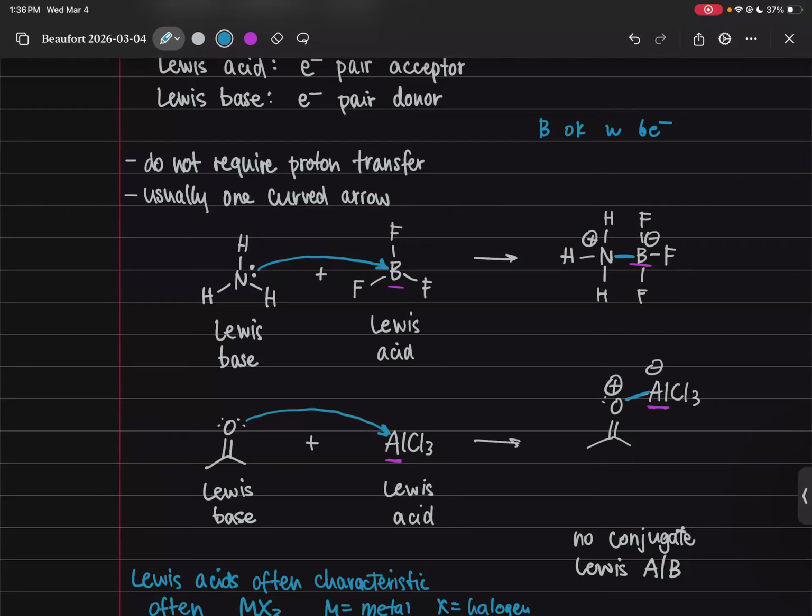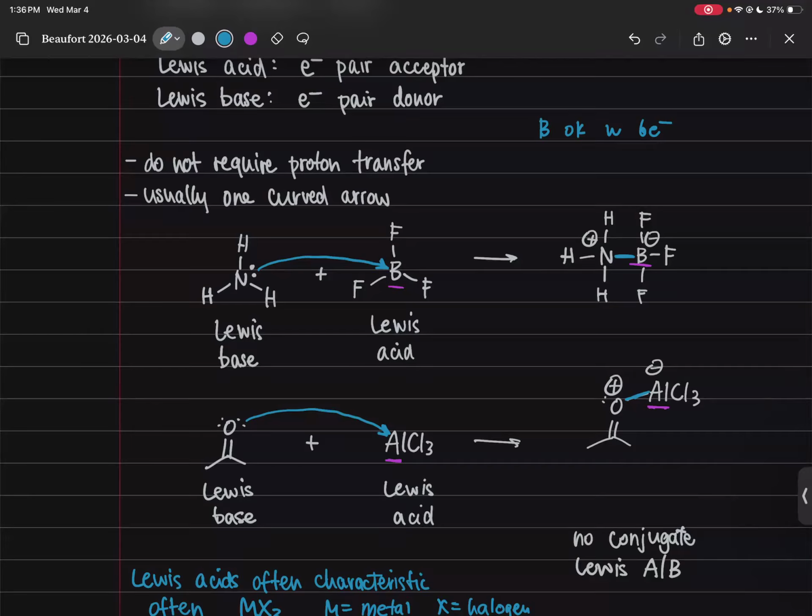If it finds something that's electron poor, like a Lewis acid, one of the reasons they're electron poor is because of the inductive effect that we're using to determine acid strength. If you have a lot of halogens, that pulls electrons, they're electronegative, so that pulls electrons away from the central atom.